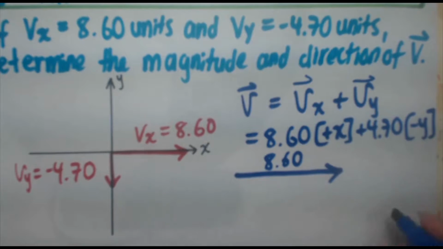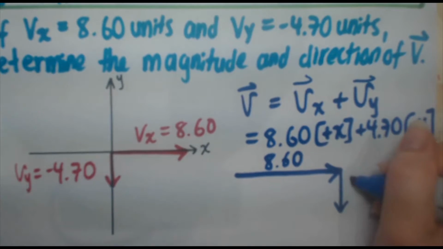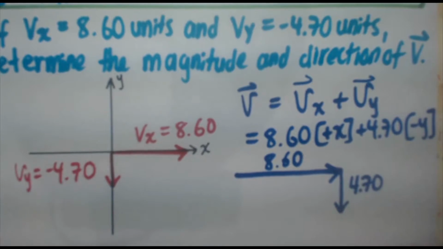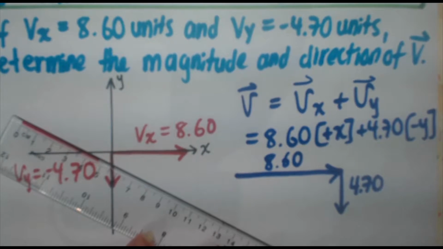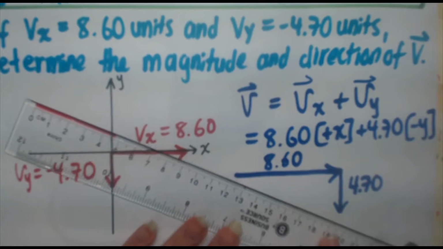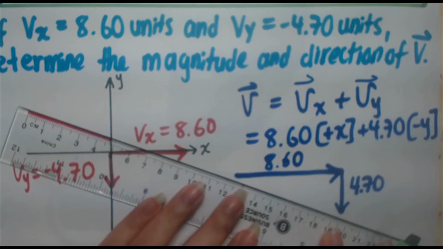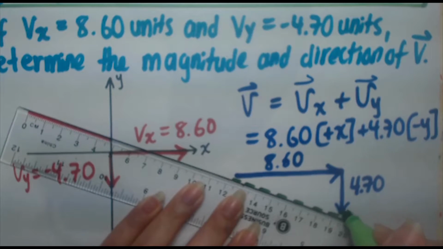This is going in the negative y direction, 4.70. I don't need to put a minus in front because the direction of the arrow already implies that it's going down. And remember, our resultant goes from the tail of the first vector to the tip of the second in that direction. So we're going to go ahead and draw that in.